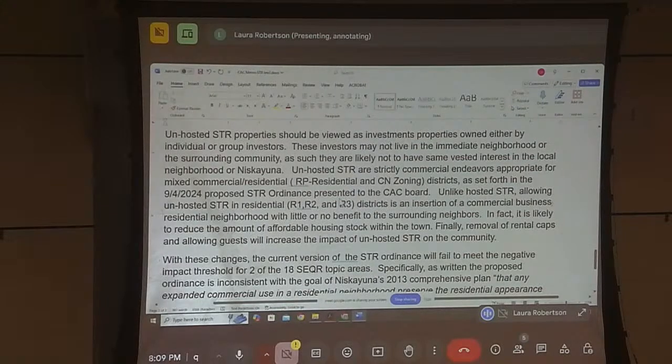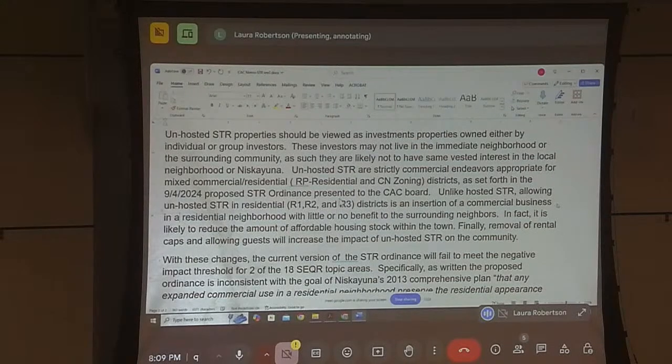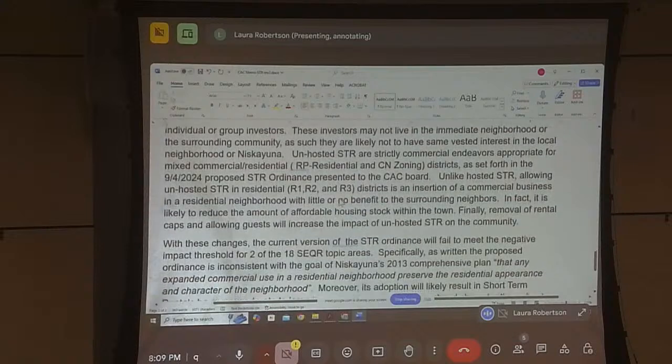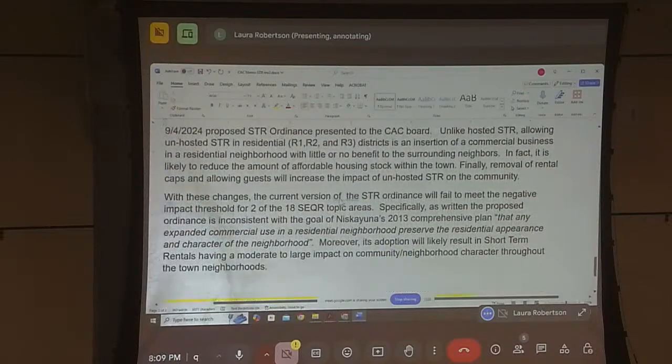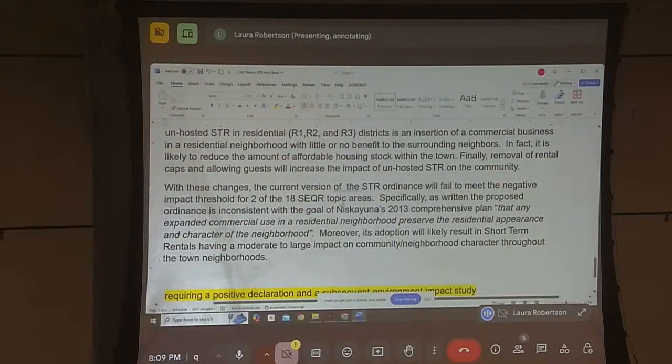And then I added, moreover, allowing unhosted short-term rentals in a larger area of the town will likely decrease the availability of affordable housing stock in the town.